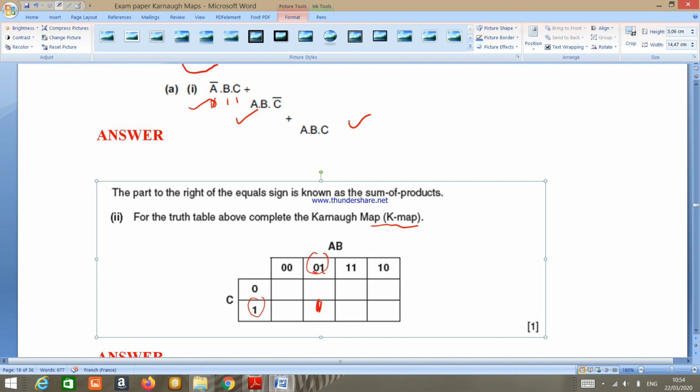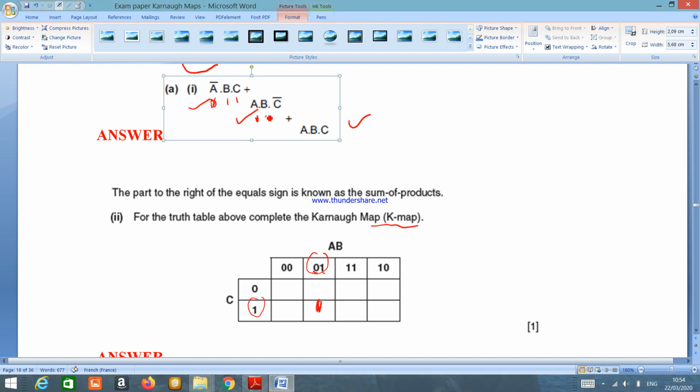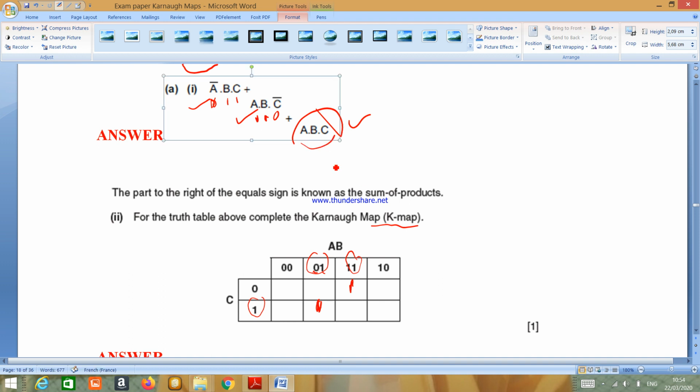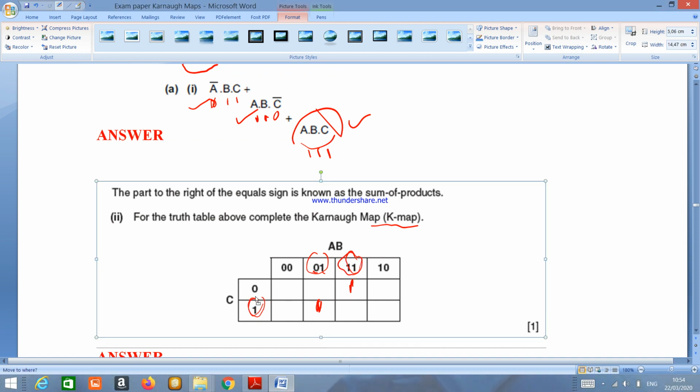Next one is A is 1, B is 1, and C is 0. So A is 1, B is 1 is here, and C is 0. So this comes to a 1. Now this last one, A is 1, B is 1, and C is 1, is this one.